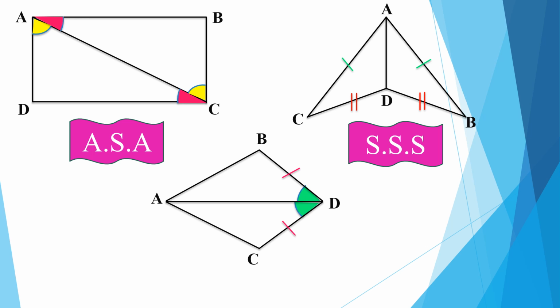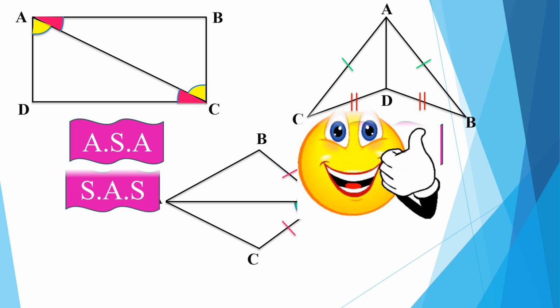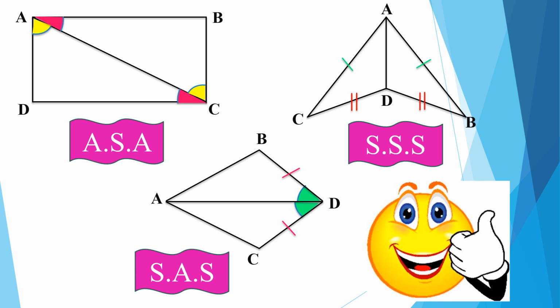BD equals CD, measure of angle BDA equals the measure of angle CDA, and AD is the common side. So the triangle ABD is congruent with the triangle ACD as side angle side. Here I have the two sides and the included angle.